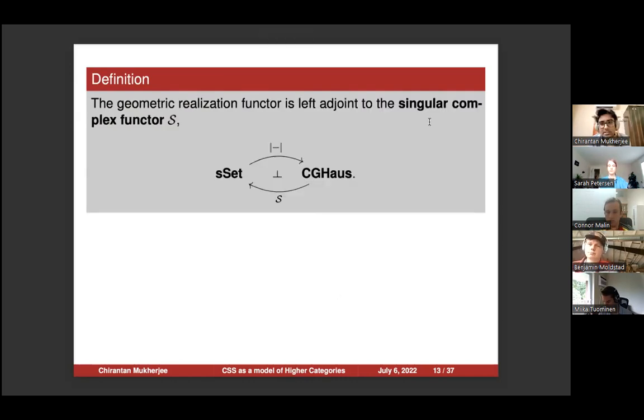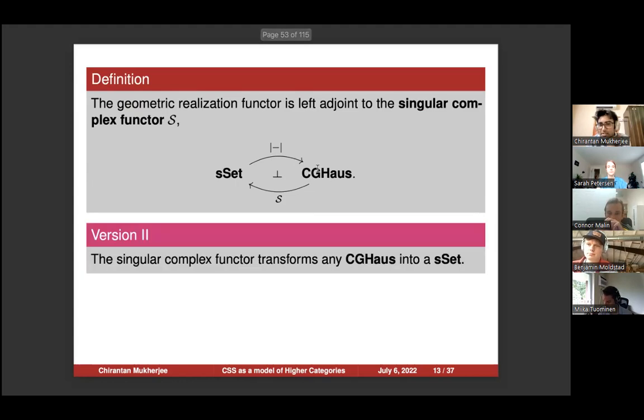There is also a singular complex functor, which is right adjoint to the geometric realization functor. We'll denote the singular complex functor by S, which takes every compactly generated Hausdorff space into a simplicial set.